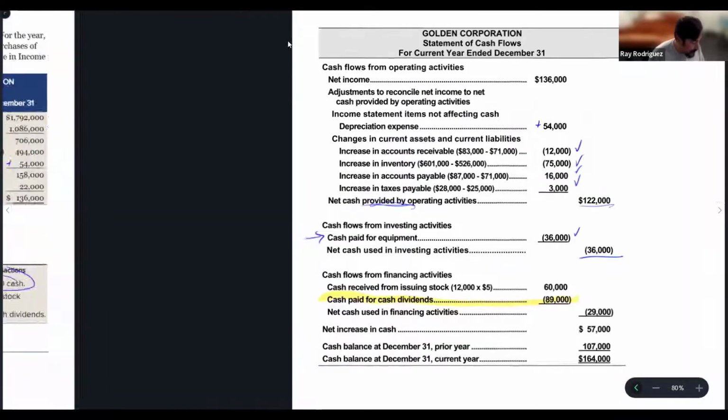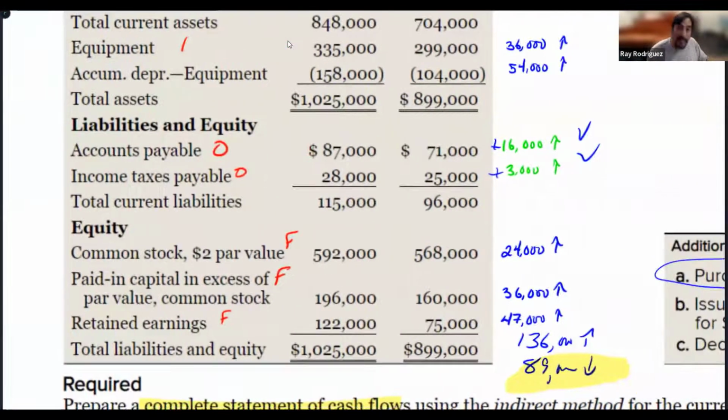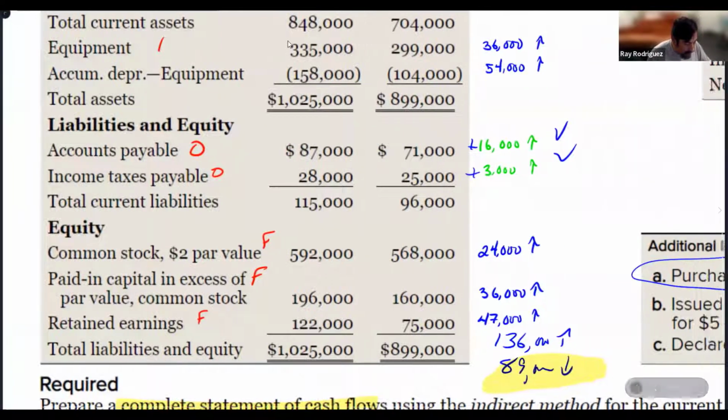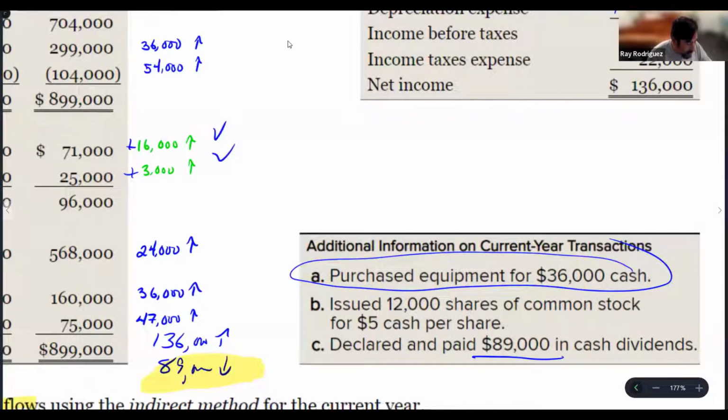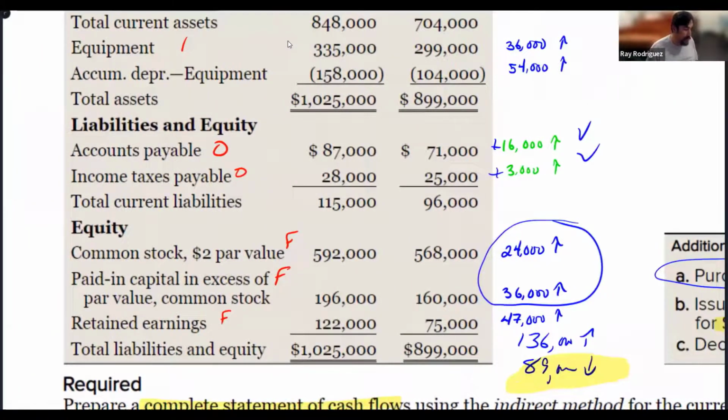Dividends paid. And then let's look at the common stock and paid in capital. Here it says we issued shares for $5 each. 12,000 times $5 is $60,000. So we brought in $60,000. That got split between the common stock account because it's par value $2.